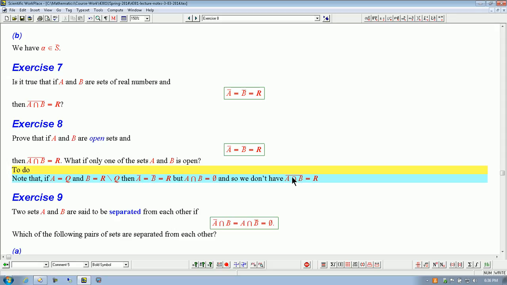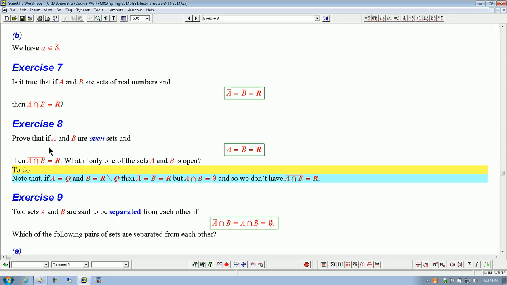A intersection B is the worst case scenario, dead, got killed. You see, it's empty. And there are no numbers close to A intersection B. So I want to point out that you mustn't expect that just because you've got a couple of sets A and B, and every number is close to A and every number is close to B, that every number has to be close to A intersection B.